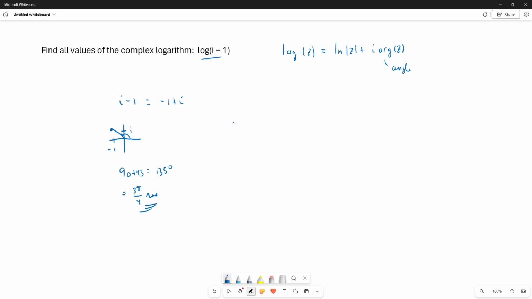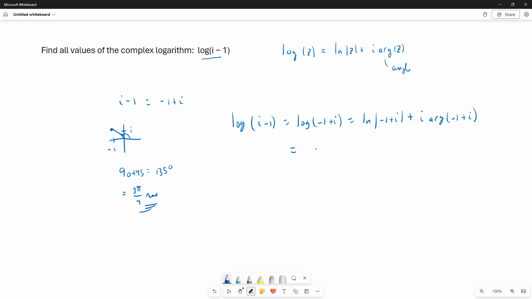So the log of i minus 1, or negative 1 plus i, is the natural log of the modulus of the complex number plus i times the arg of the complex number.